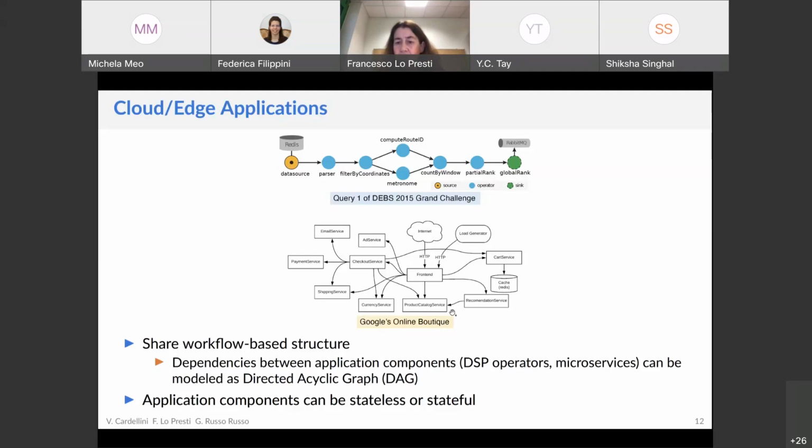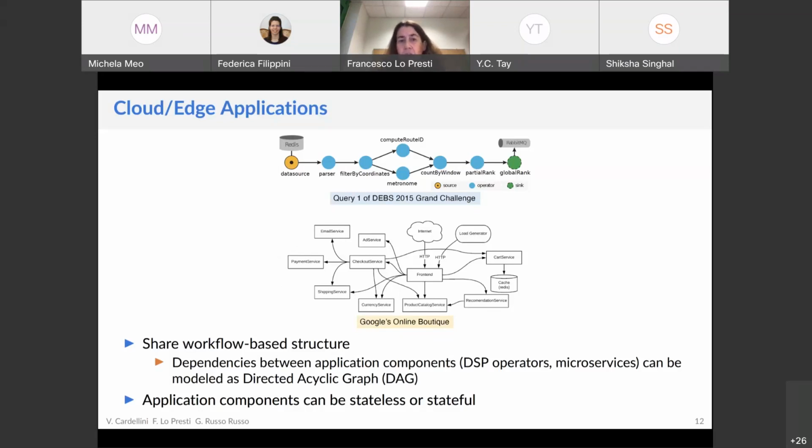So the user can shop, browsing a catalog, can receive some recommendations about products, can decide to buy a given product, and so can finalize the payment and the shipping of the product he or she has decided to buy.